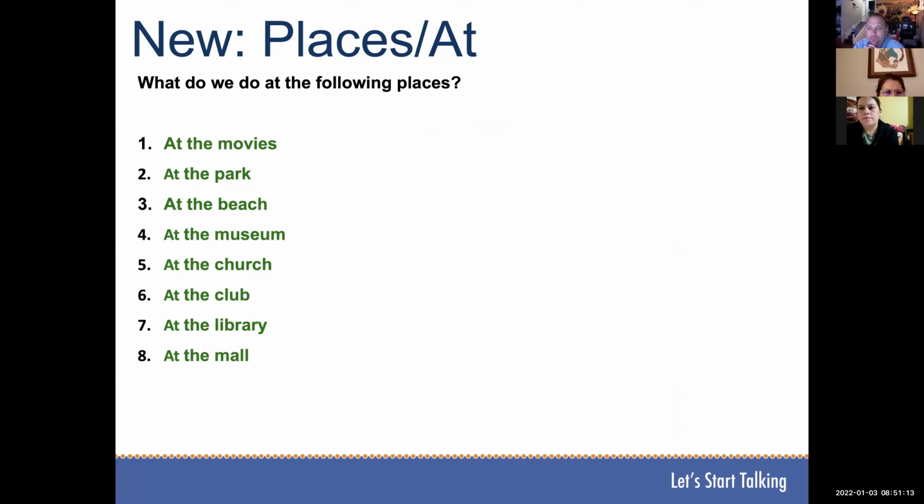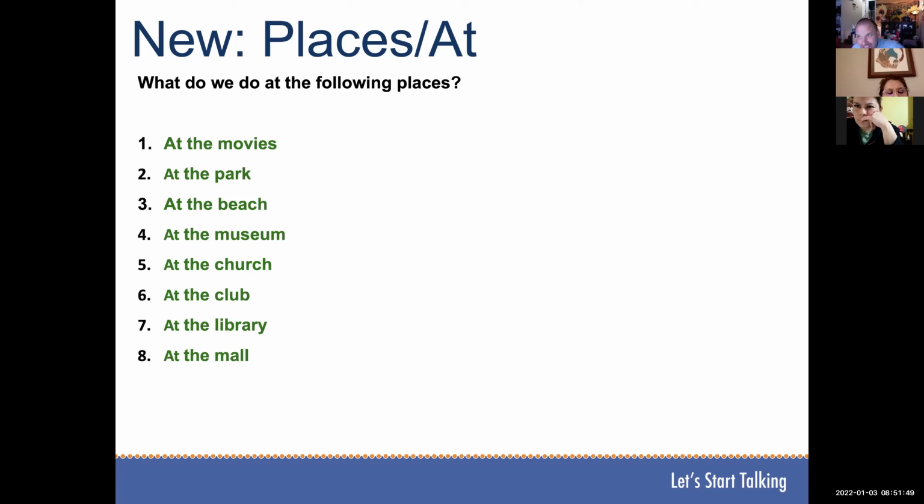Caro, what do we do at the movies? We. Estoy preguntando por nosotros. What do we do at the movies? Tiene que contestar con we. We watch at the movie, at theater. Bueno, the movies en inglés es un lugar también.